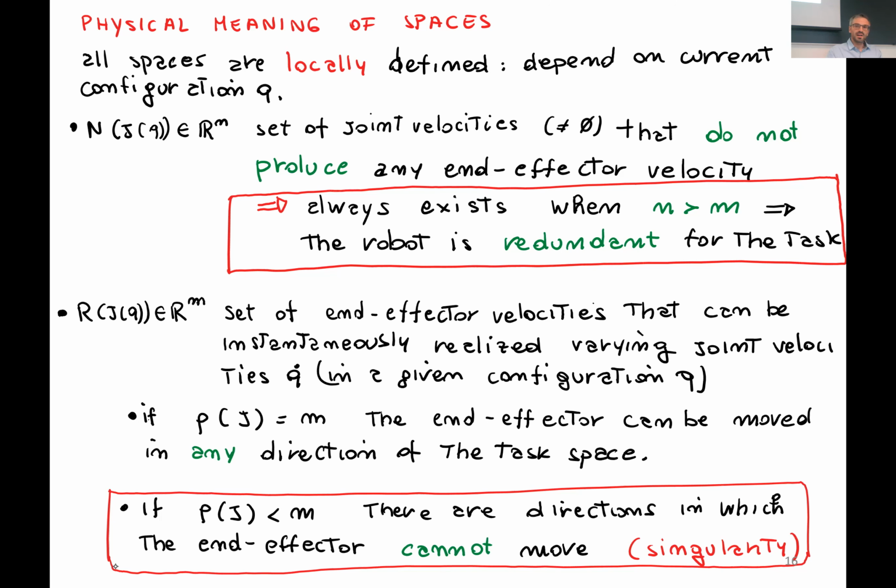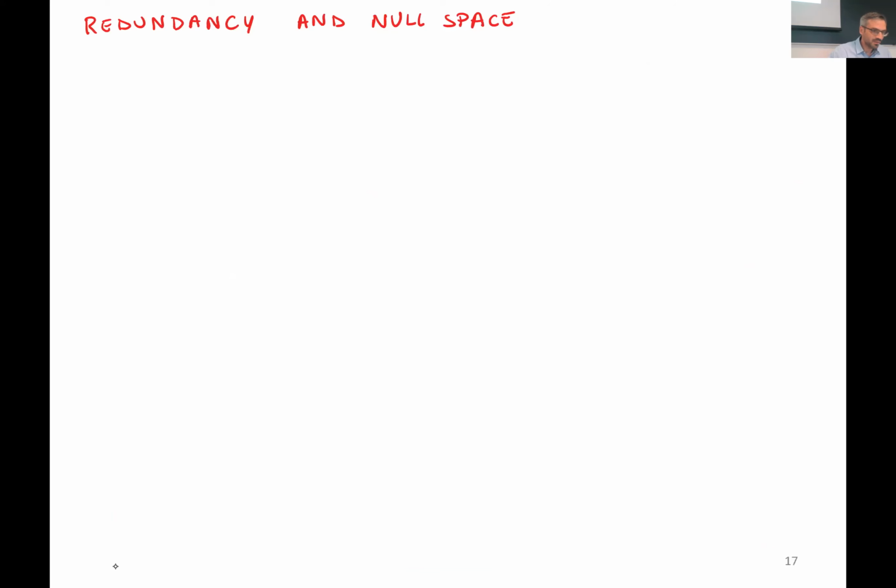While if there is a rank deficiency, a reduction of the rank of the matrix J, it means that there are some directions where the end effector cannot move. And these directions, we will see, are the singular directions. But first, let's talk about the null space, sorry, the redundancy and its relationship with the null space.